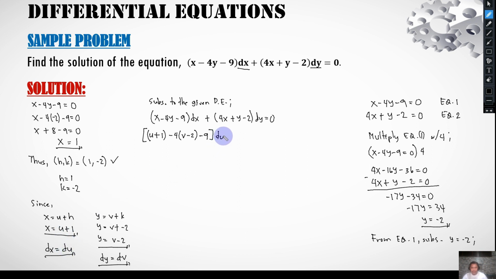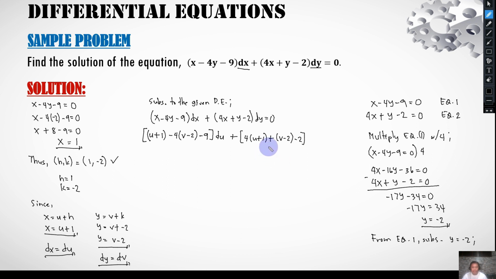So this is plus, i-bracket na lang din natin itong 4x. So we have 4 times yung x natin is u plus 1, then plus your y, yung y natin is v minus 2, minus 2 quantity.